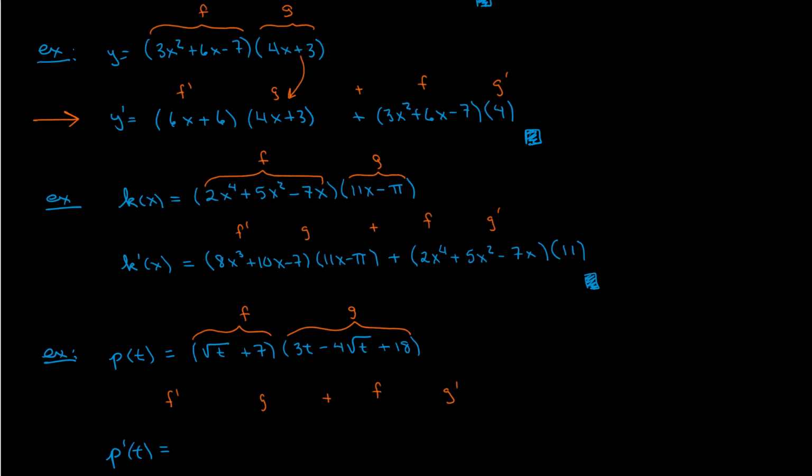Well, f is just copying down the 3x squared plus 6x minus 7 times the derivative of g. Well, the derivative of this 4x plus 3 is just 4. At this point, it's done.